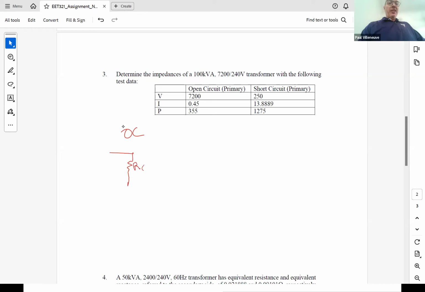Open circuit test is going to calculate R sub C and jXM, because under no load conditions, there's very little voltage drop from the series elements, so we can neglect it. So over here, we have 7,200 at an angle of 0. My current going in is 0.54. What's the angle associated with the current? 90? Everybody agree?